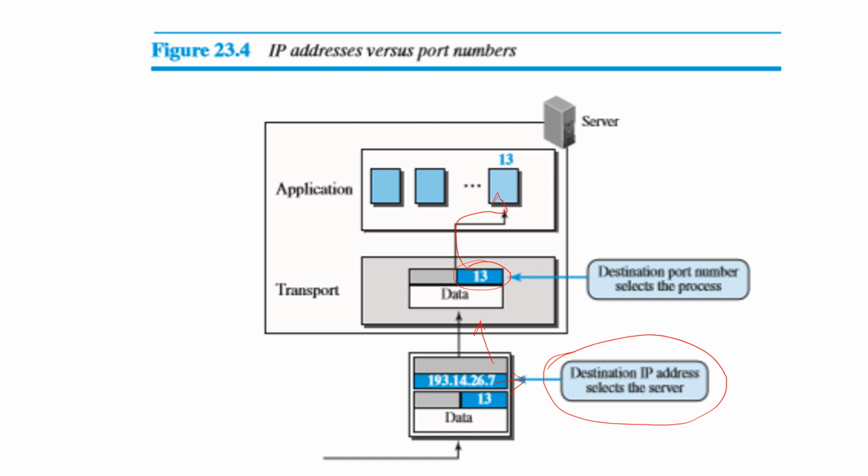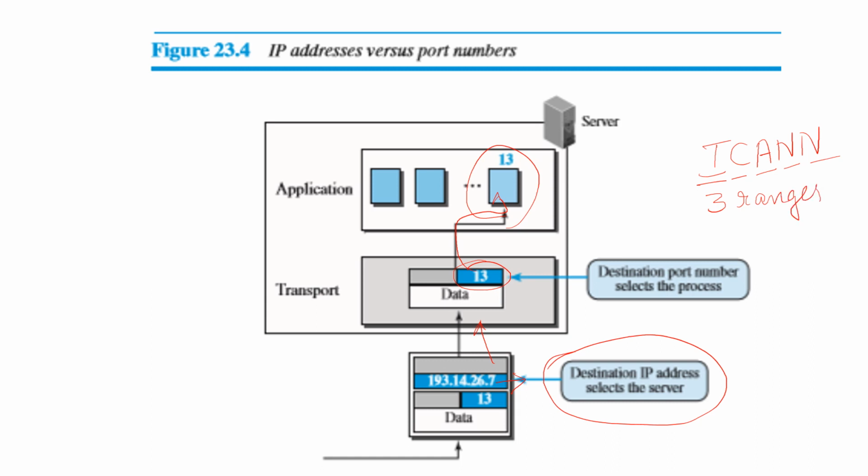Now, who is going to maintain these unique identification port numbers? We have something called ICANN, the Internet Corporation for Assigned Names and Numbers. They have divided the port numbers into three ranges.